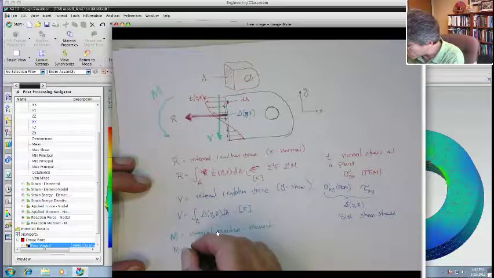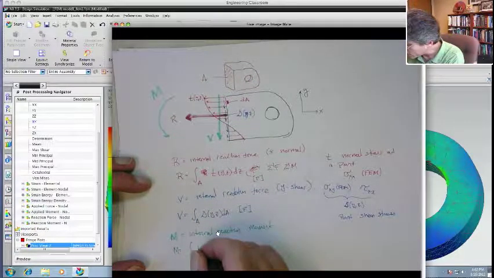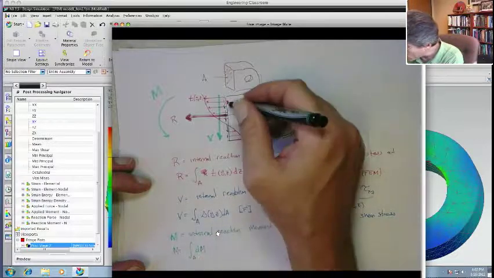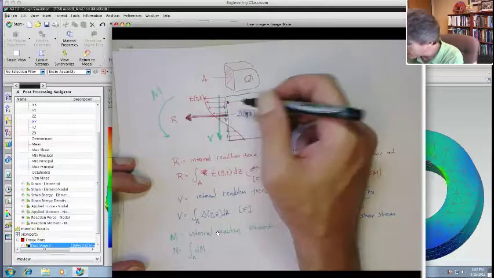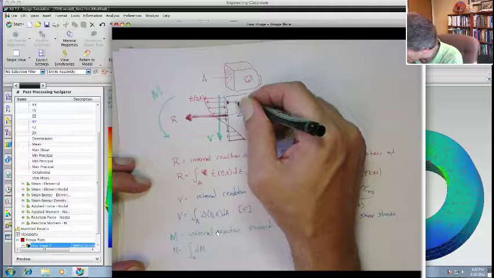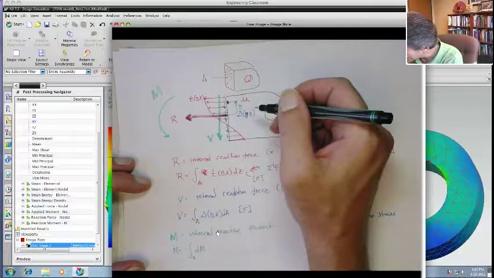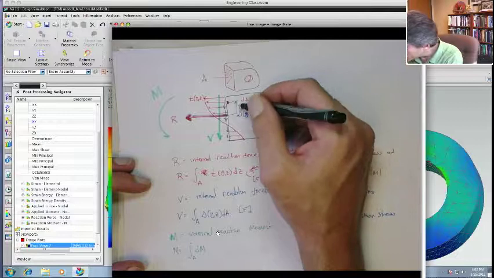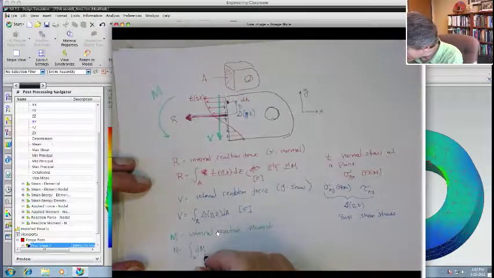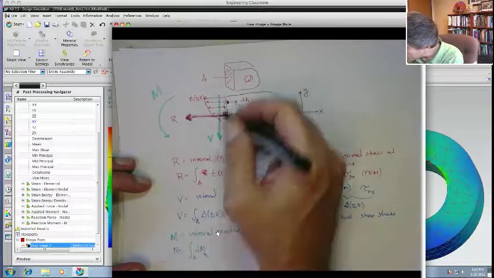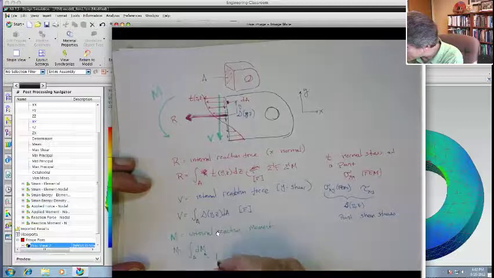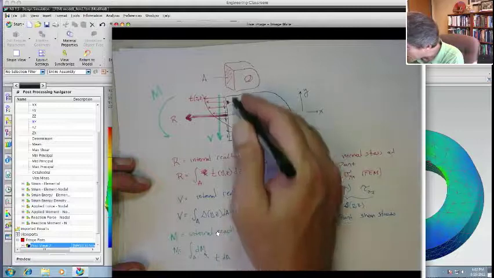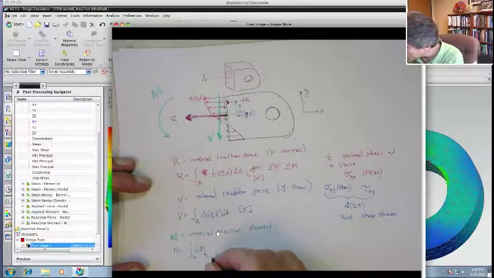But it's also equal to the integral of the moments. And now what causes the moments? So again, we're going to integrate over the area. These are little differential moments. What's the differential moment? If you look at this, there's a little differential moment from the traction applied at this point. If you look at it, here we have a moment arm. This moment arm is y, all right? So dM is actually equal to the traction T times dA, that's the differential force, and then its moment arm is y.